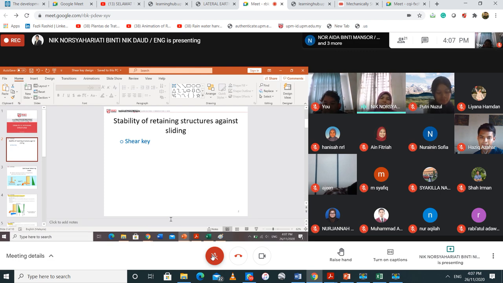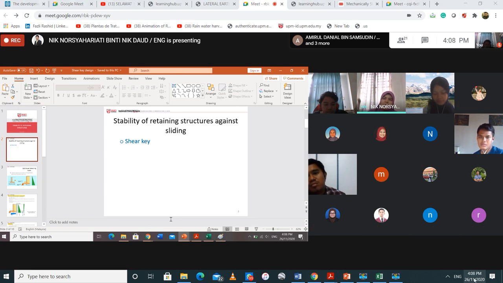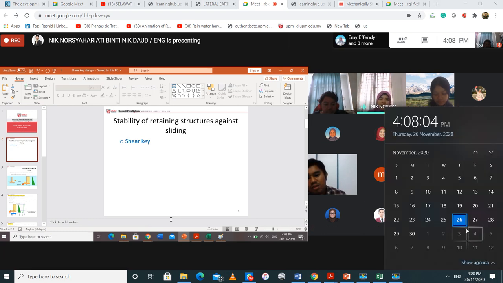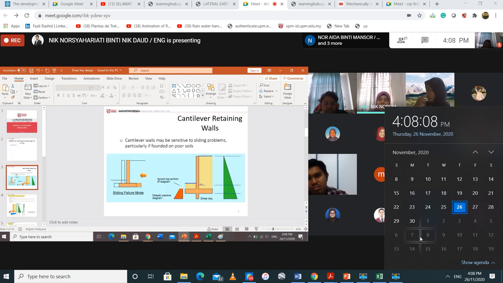So you may notice shear key is not only located at the bottom part, but also between parts of the structure. It depends on the condition of the building or structure itself.